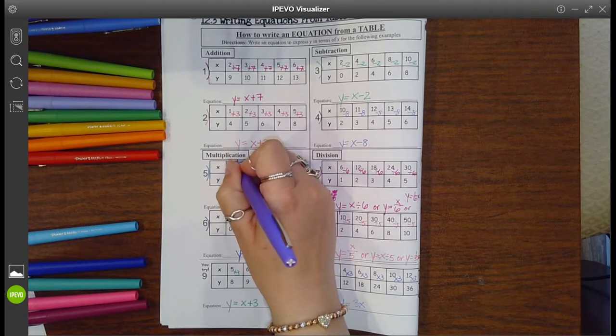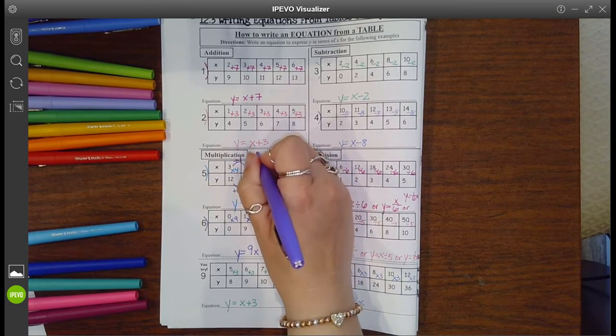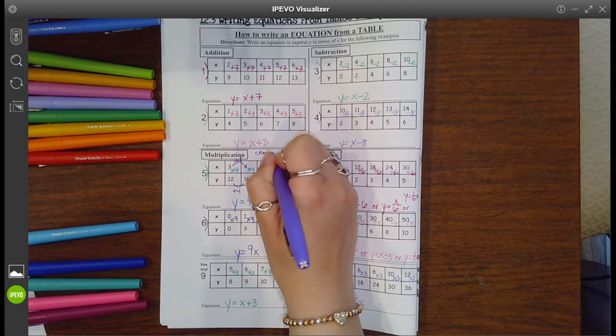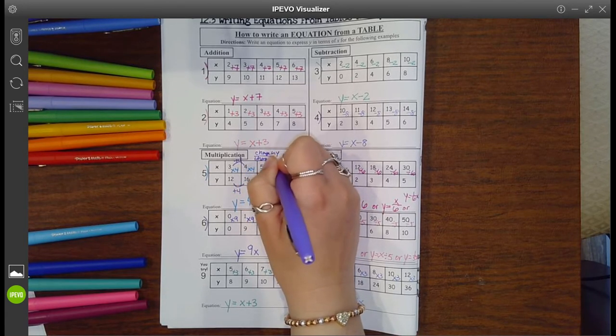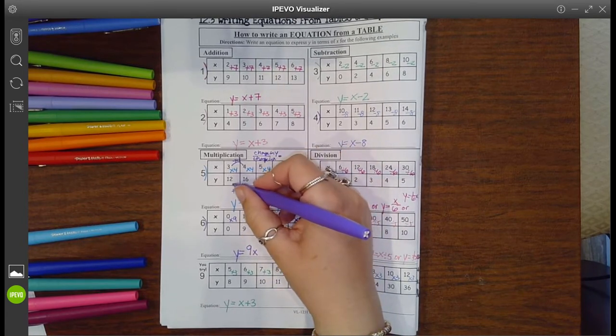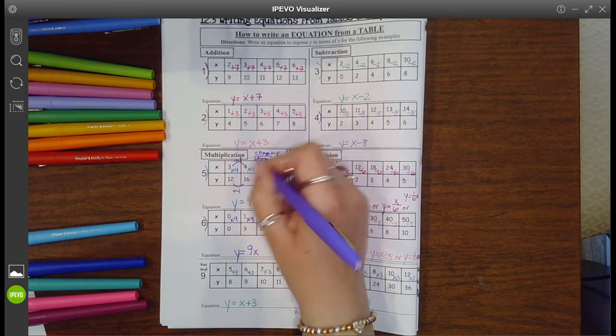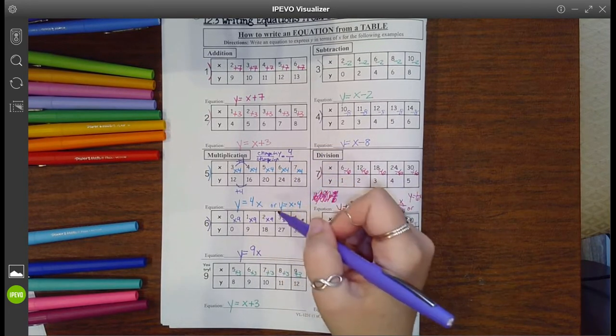And 3 to 4 changed by 1. So if you put the change in y over the change in x, it tells you what to multiply the x by. Well, that was 4 over 1. So we multiplied the x by 4.